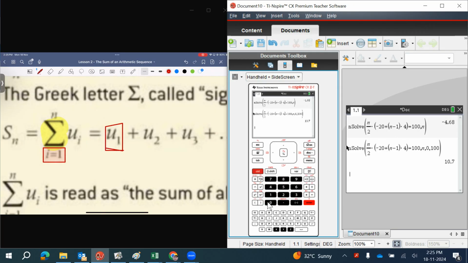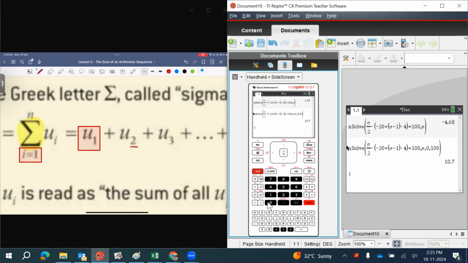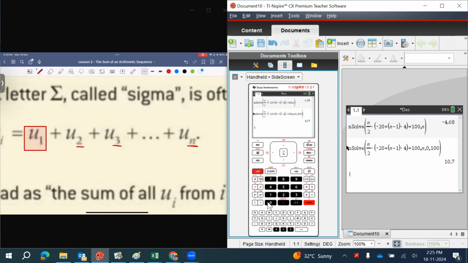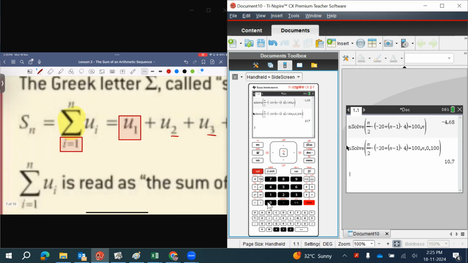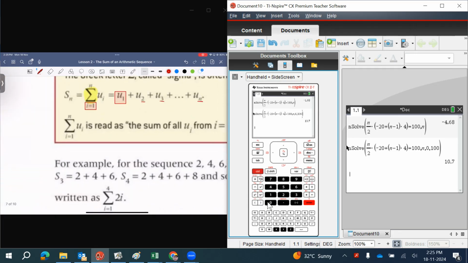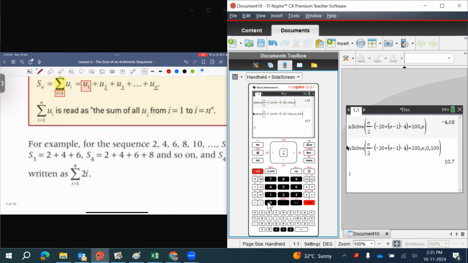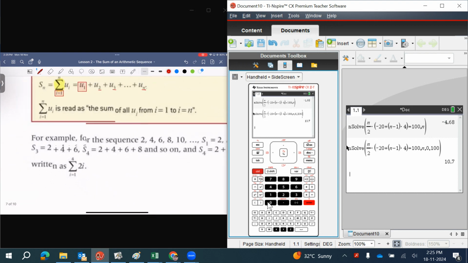So i is going to start off at being 1. Then it's going to keep going bigger and bigger, 1, 2, 3, until it gets all the way up to n. And that's how sigma notation works. So it's the sum of all ui from i equals 1 up to n.